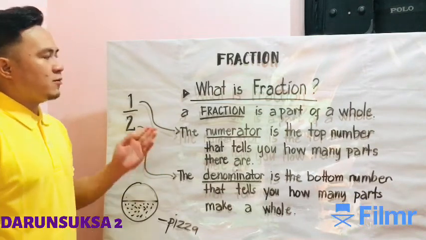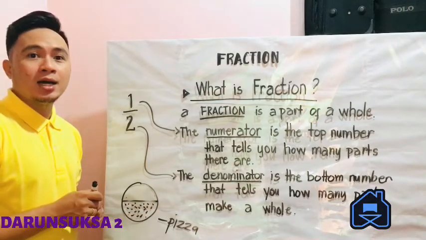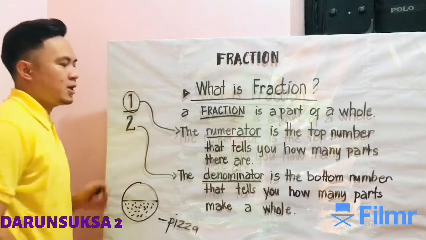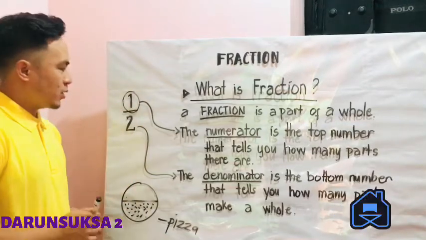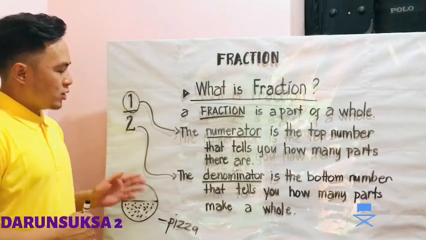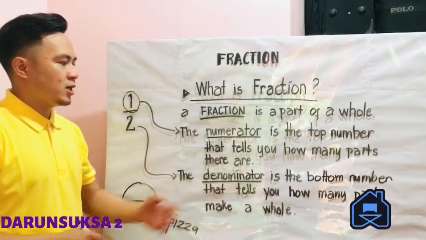So when we do it in fraction, that one piece, that will be the numerator. This one. Okay? And then, why is it we have 2? Because 2 here is the denominator.